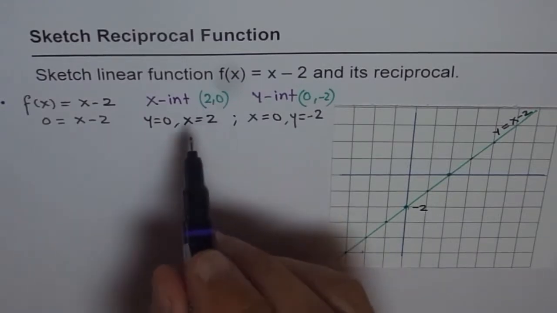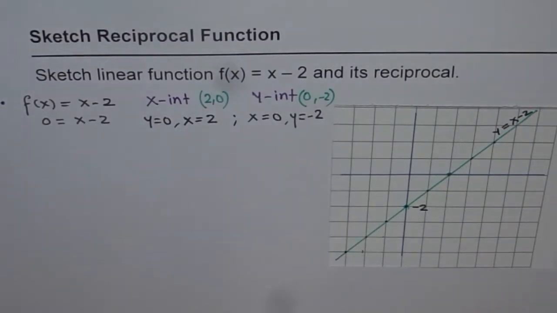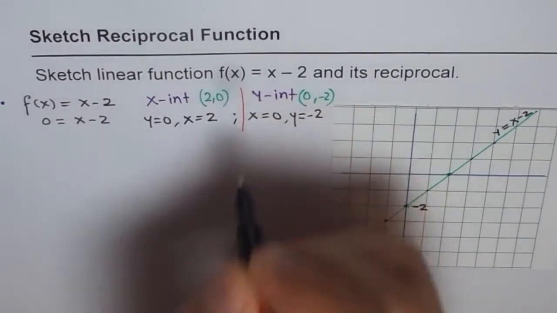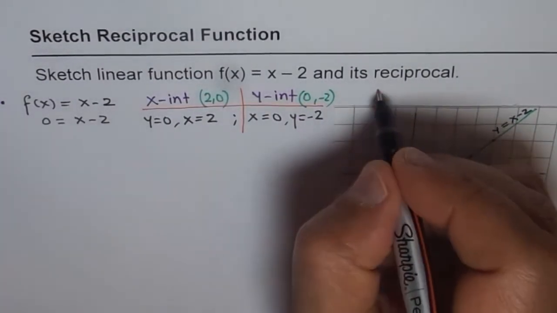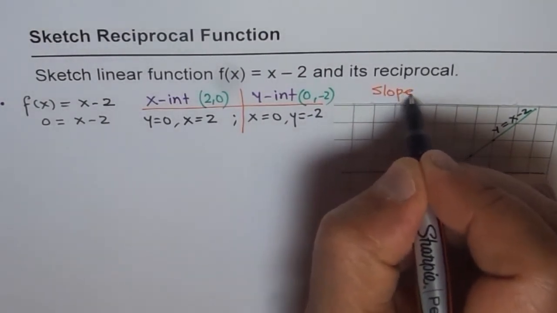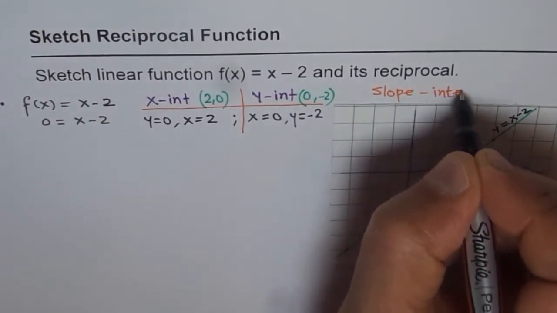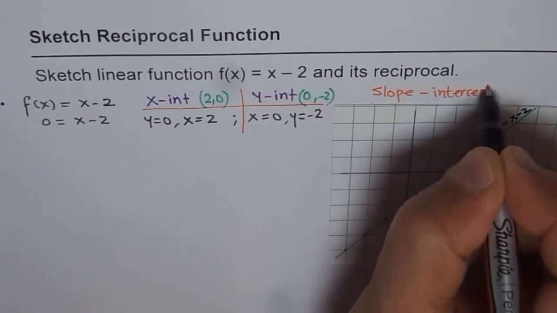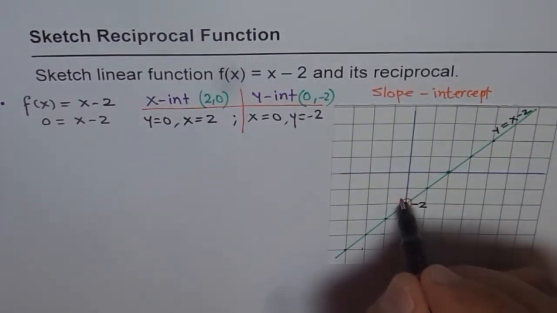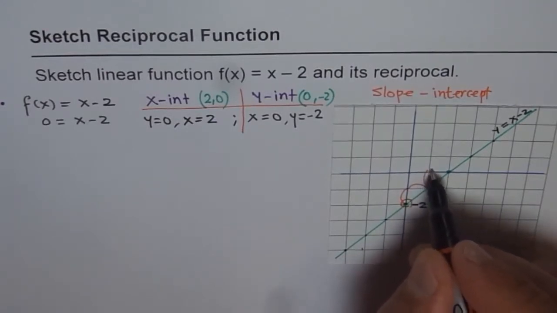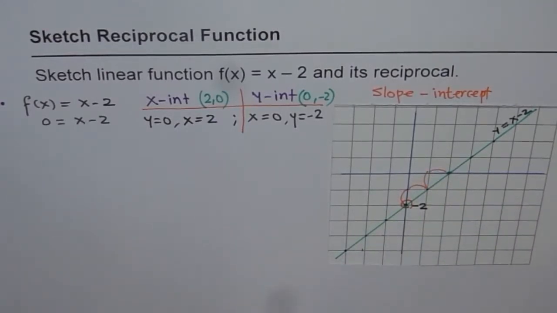One we did with the help of intercepts, and the other one we did with slope and intercept, going up 1, over 1, like that.